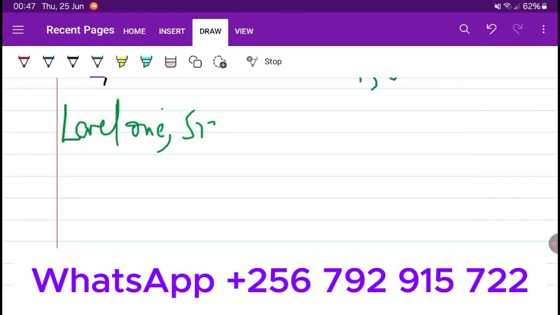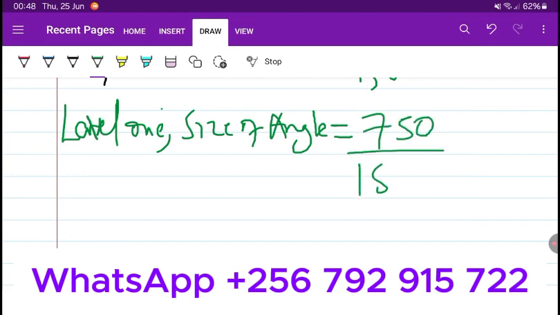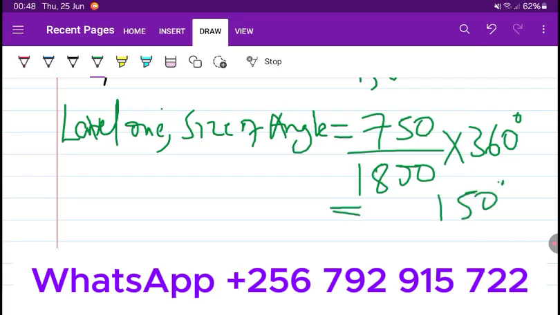The size of the angle is equivalent to the level 1 number of students over the total number of students in the entire institute times 360 degrees. So it is going to give us 750 divided by 1800 times 360 degrees. The answer we get is in degrees. This is 150 degrees.